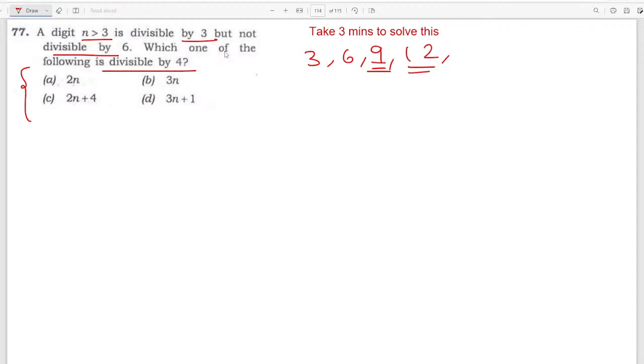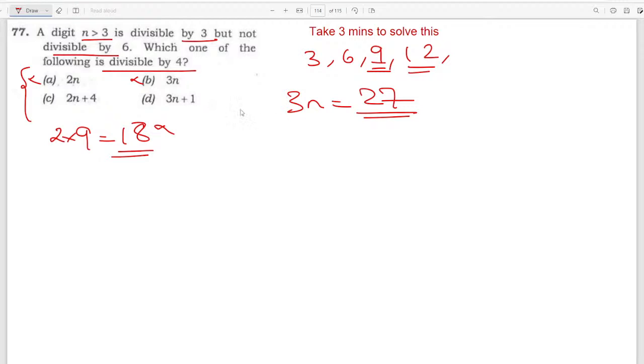So if I take 9, I'll substitute the value here. A is 2n, that is 2 into 9, it is 18. 18 is not divisible by 4. Wrong. 3n is 27. Again, 27 is not divisible by 4.